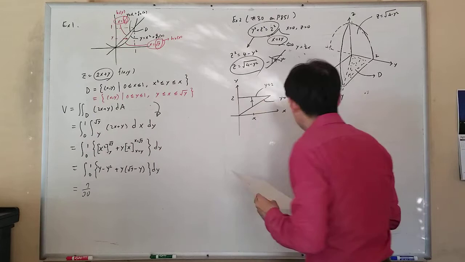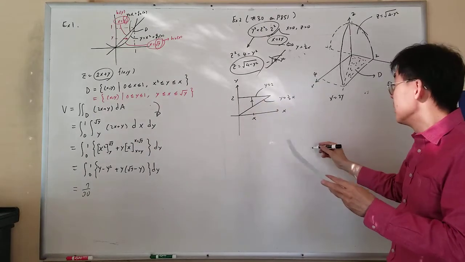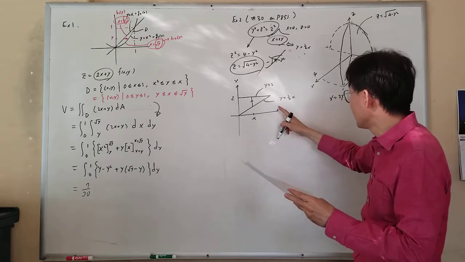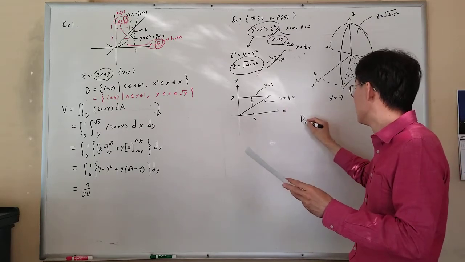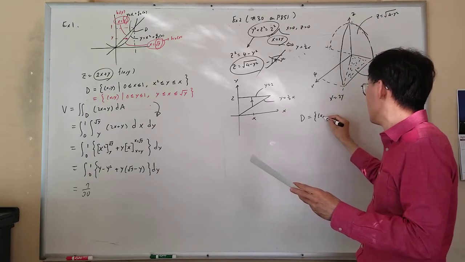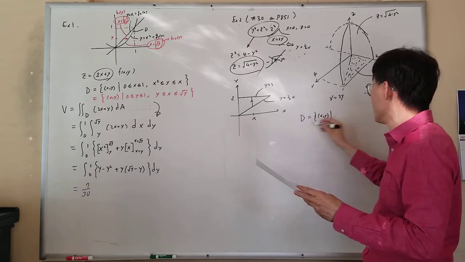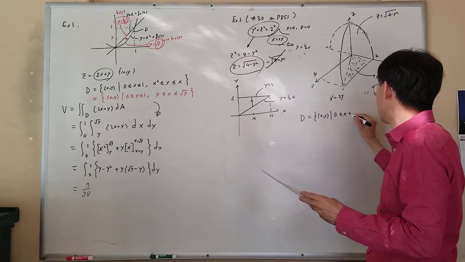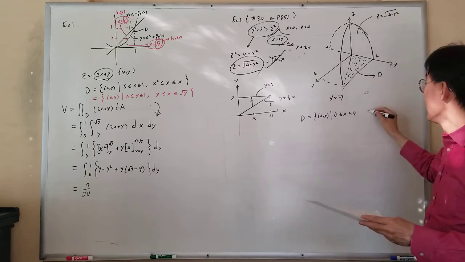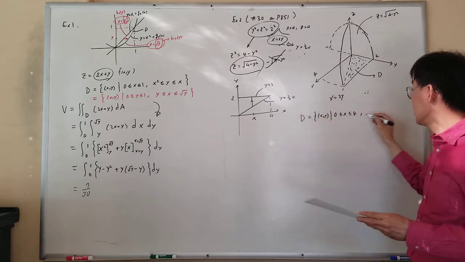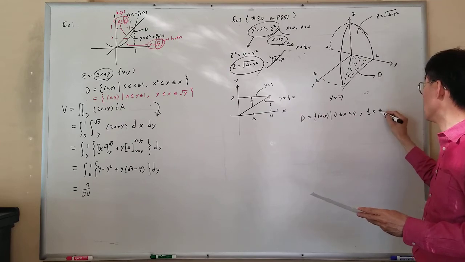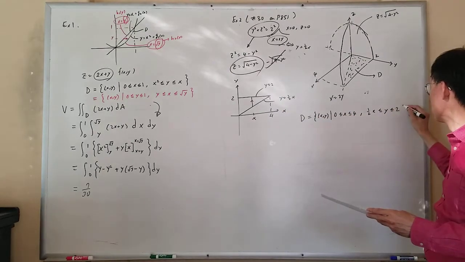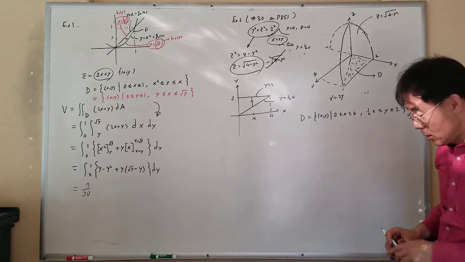So you can write it as type 1: x runs from 0 to 4, and y runs from here to here. 2 is the upper function. You can write it that way.